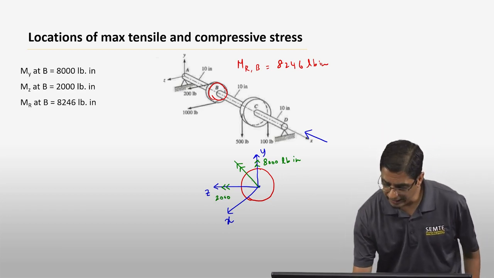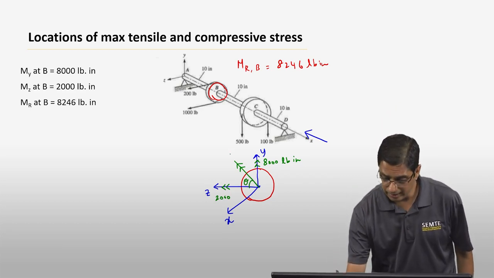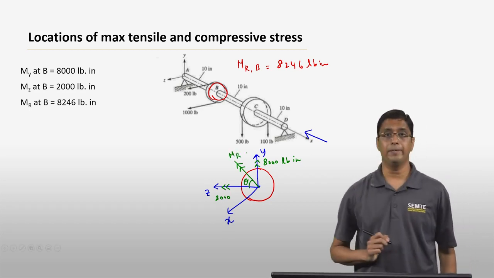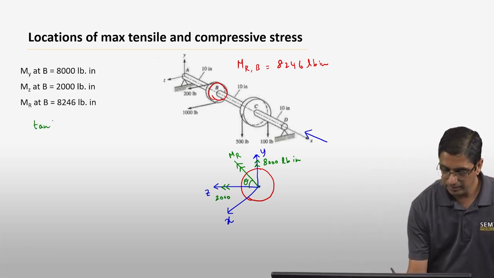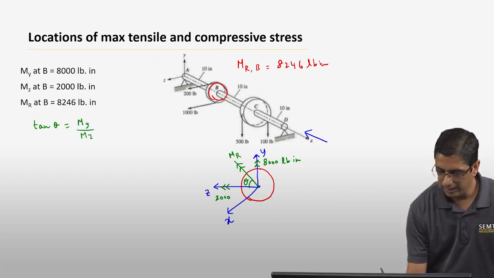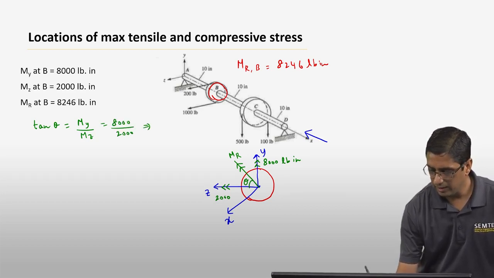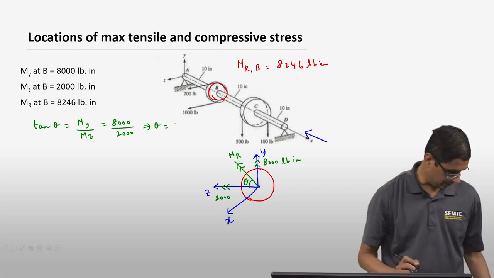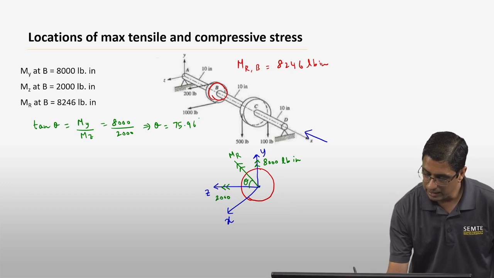So if you define an angle theta here, the direction of MR with respect to z is given by tan theta is equal to my divided by mz, that is equal to 8,000 by 2,000, which basically implies that the value of theta is 75.96 degrees.